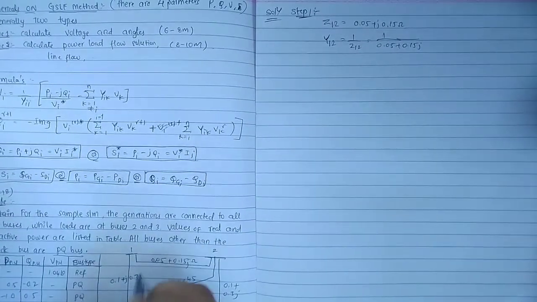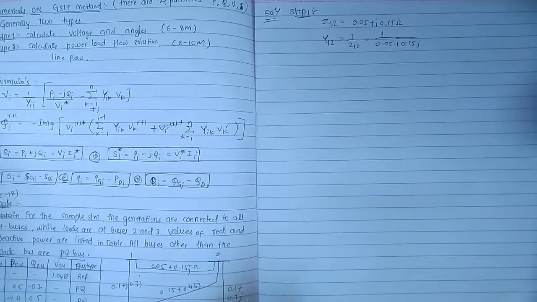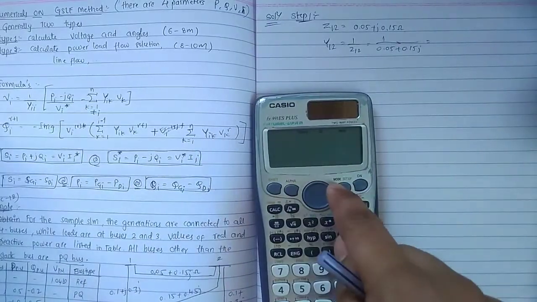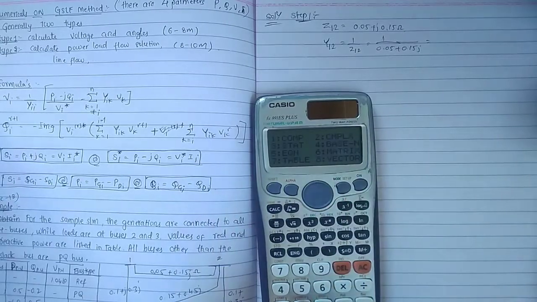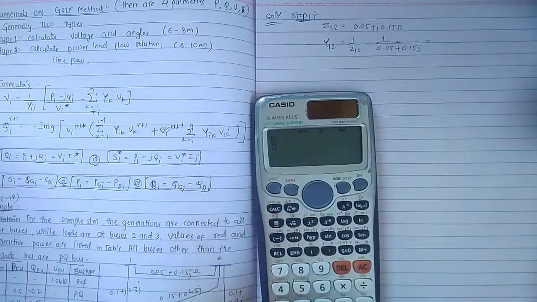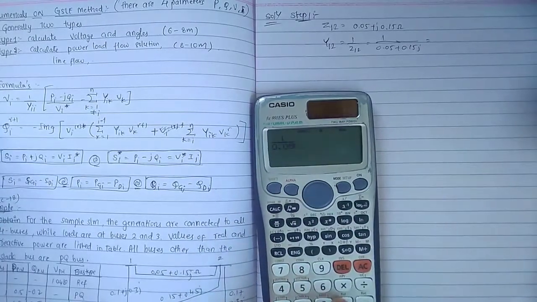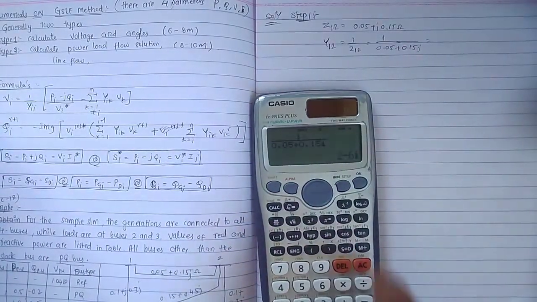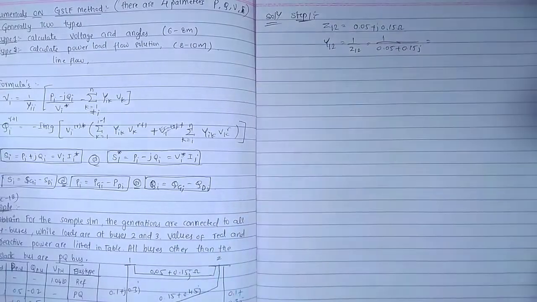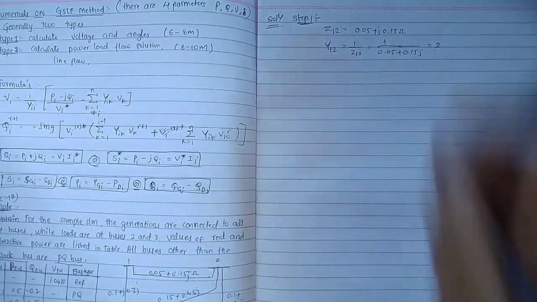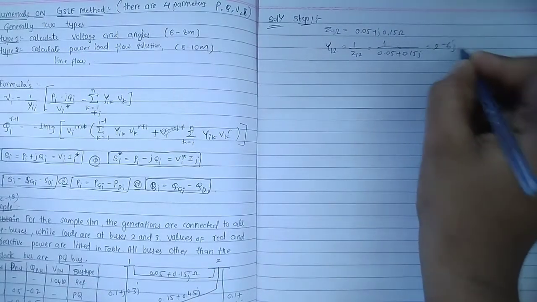Keep the calculator in complex mode, and then take the ratio 1 divided by 0.05 plus 0.15j. We get 2 minus 6j, that is y12.